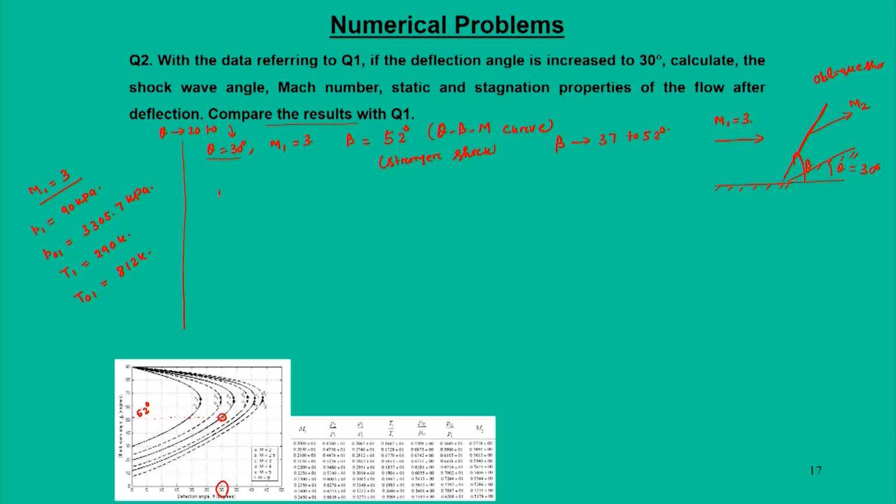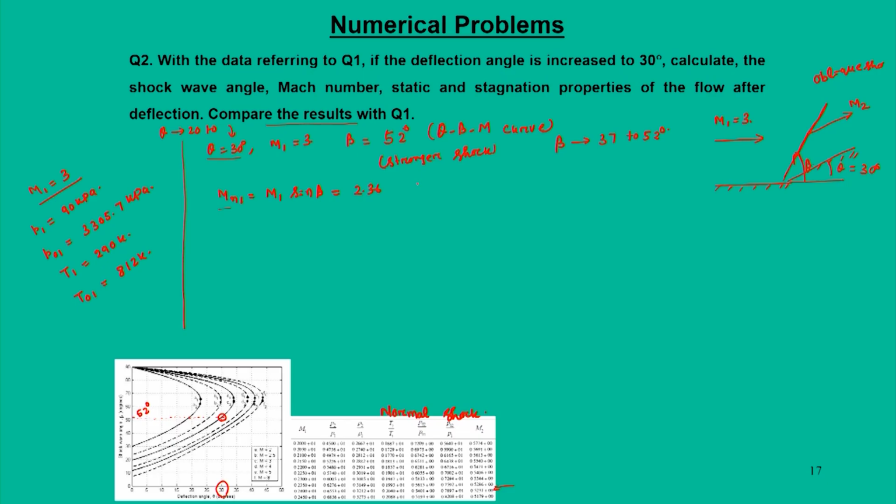So, we can have Mn1 is equal to M1 sin beta. Here this value would be 2.36. So, we refer to this normal shock table extract, and we have to look for Mn1 is equal to 2.36. 2.36 is somewhere here close to 2.35.